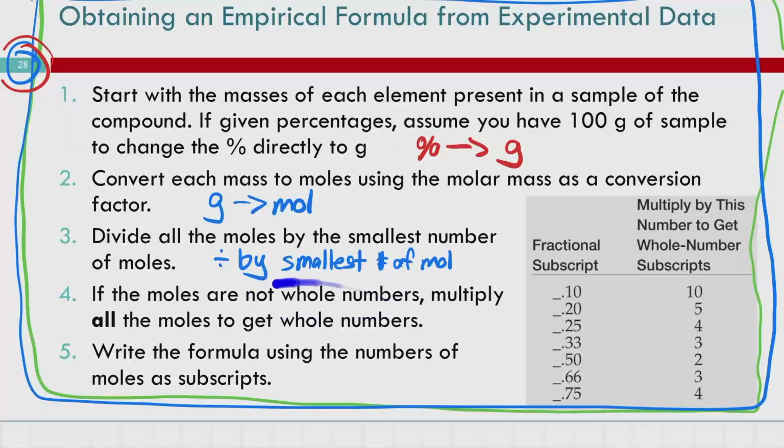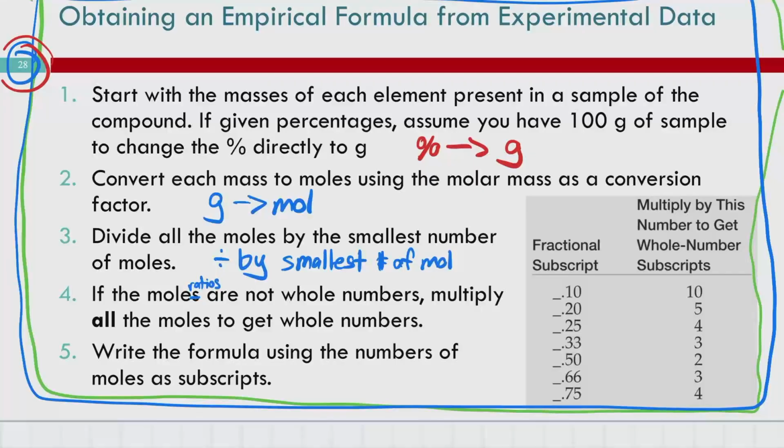If the mole ratios that we get after this are not whole numbers, things like 1, 2, 3, 4, countable numbers, we're going to multiply all of the moles to get whole numbers, and this is where this table comes in. You don't necessarily need this table, especially if you're cracked at math.